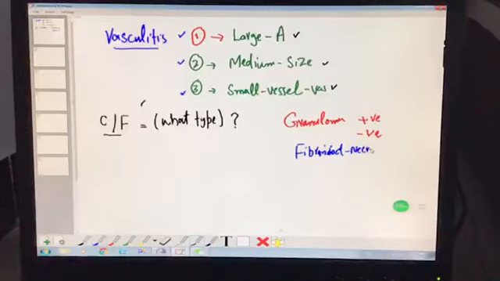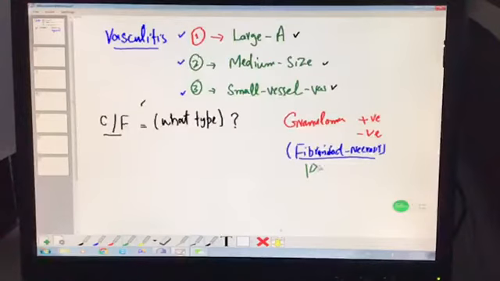In one type we have fibrinoid necrosis, a necrotizing inflammation. It's a necrotizing vasculitis, and one very famous necrotizing vasculitis is known as Polyarteritis nodosa. Later we will discuss this type in the medium-sized category.